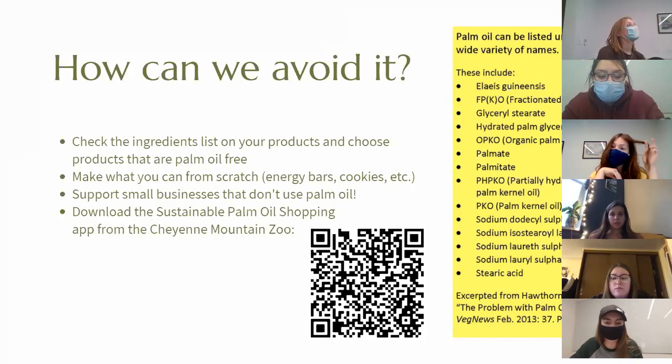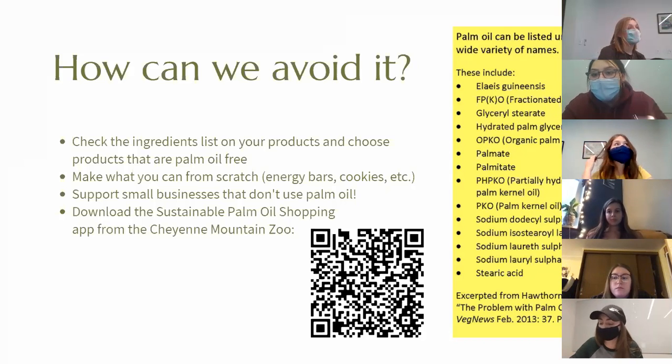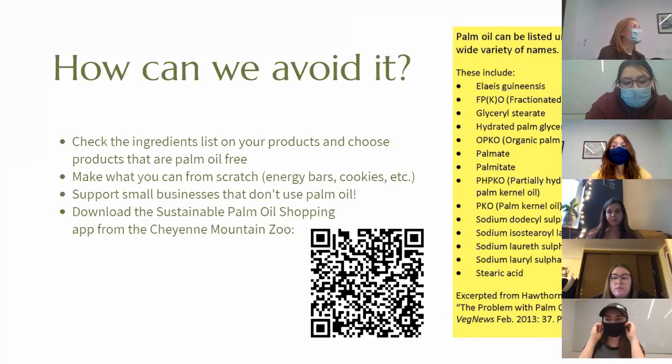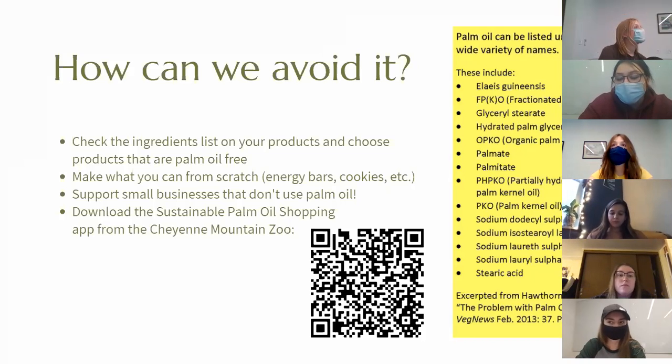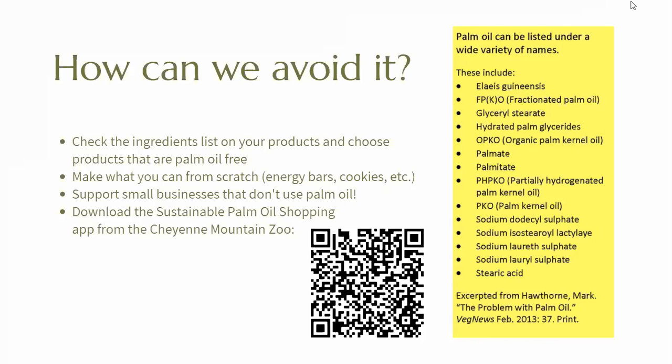This one says excellent. Product name, Archer Farmers Granola, sustainable palm rating, excellent. Or you can scan the code on your product, and it'll tell you if it's excellent, partial, or very bad. That's one cool way, when you're out shopping, to see what has palm oil and how much.